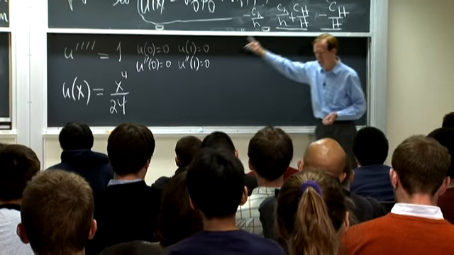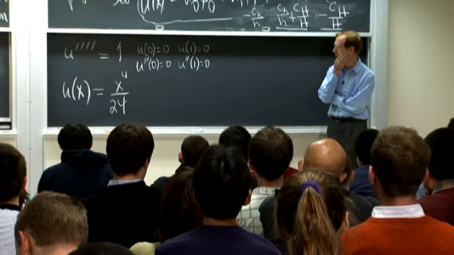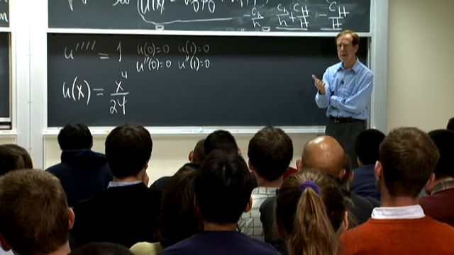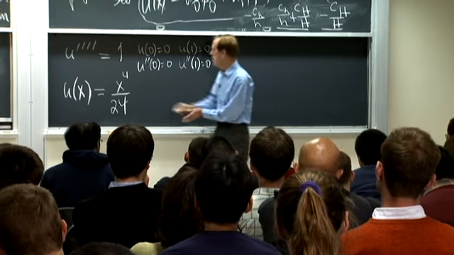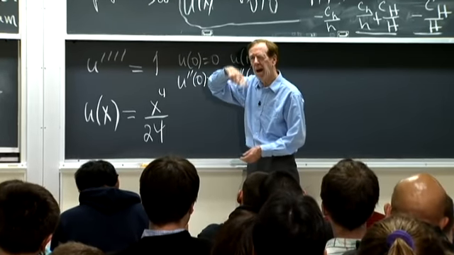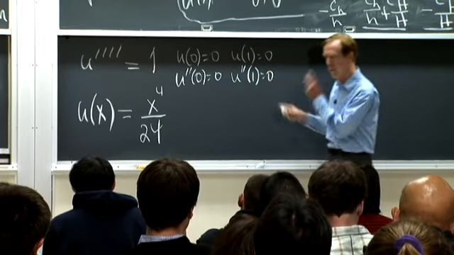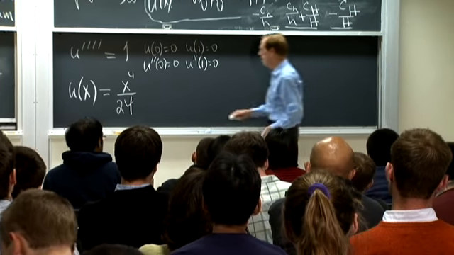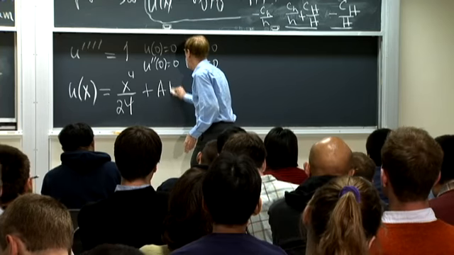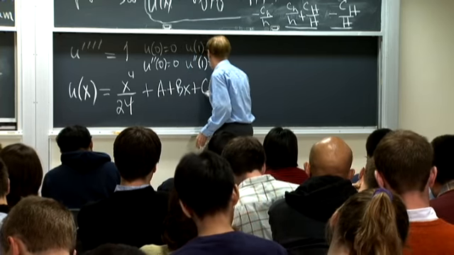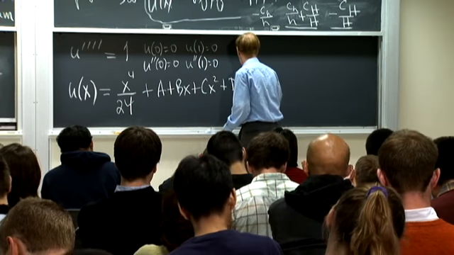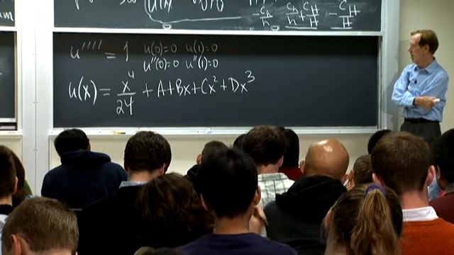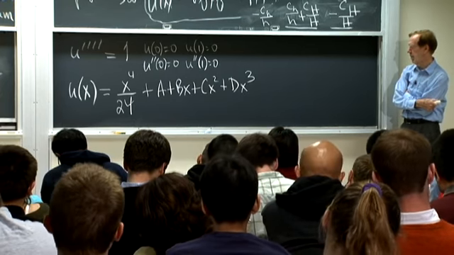So I'm seeing a 4th degree bending there. And now what about the null space solutions, the homogeneous solutions? This accounts for the 1. Now what are the possibilities if it was a 0? You're going to tell me the whole bunch, right? A plus bx plus cx squared plus dx cubed, because all of those have 4th derivative equal to 0.